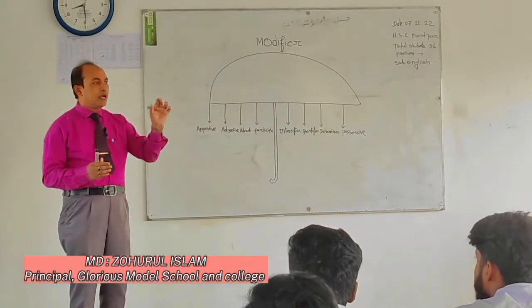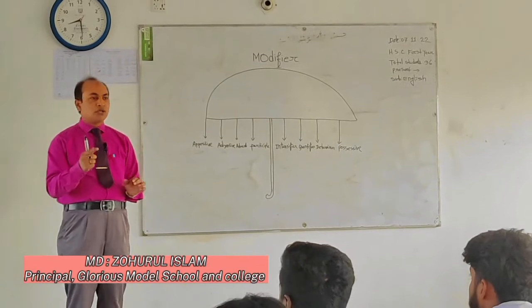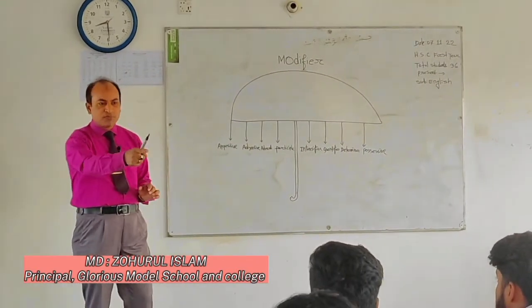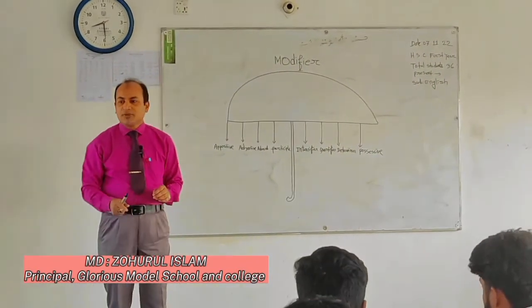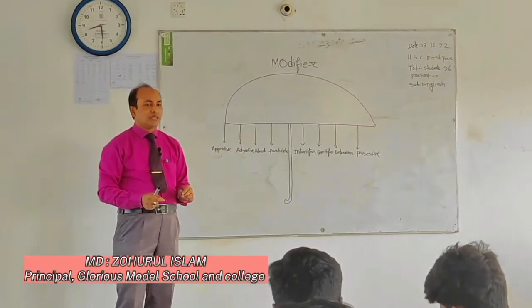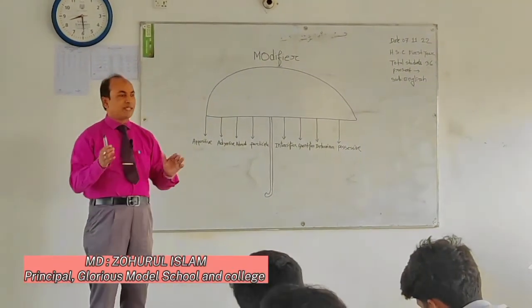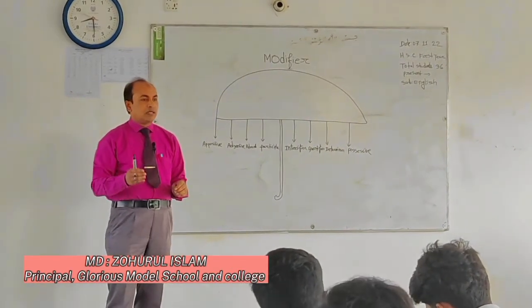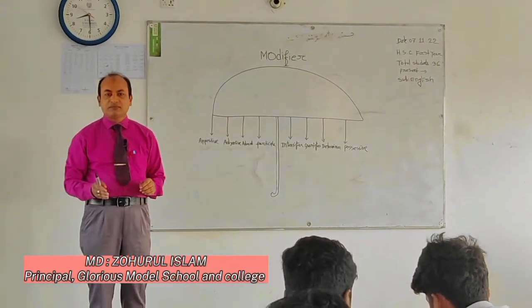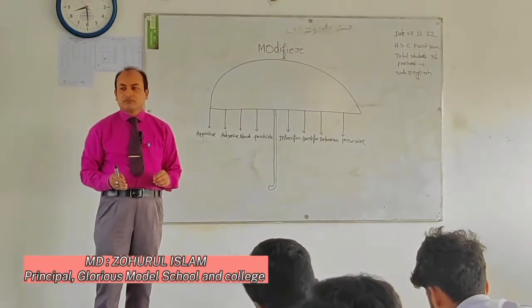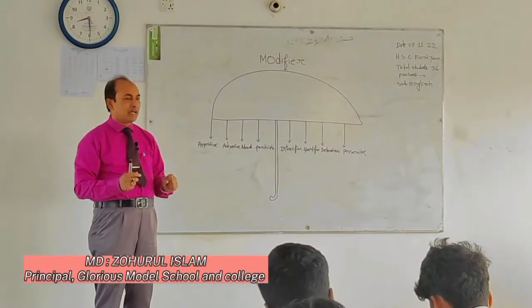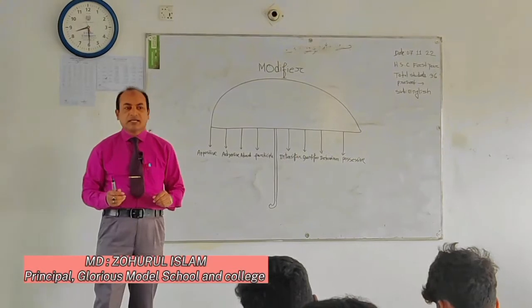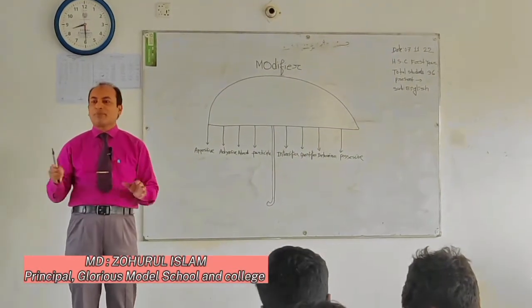So here you see Rabindranath. Now you may write the sentence, everybody. Rabindranath, the great poet of Bengali literature, was born in India. So you see here, Rabindranath, the great poet of Bengali literature.